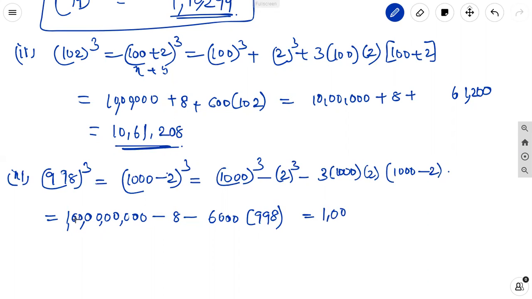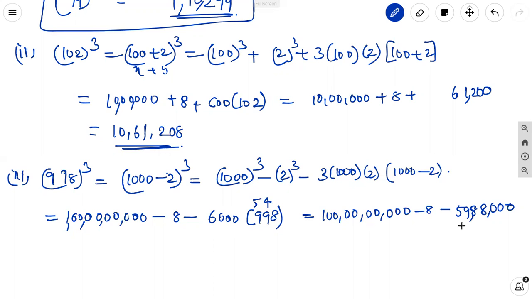This is 10,000 lakhs, 100 crores. 100 crores minus 8 minus 3 zeros: 8 sixes are 48, 9 sixes are 54, plus 4 is 58, 9 sixes are 54 plus 5 is 59.